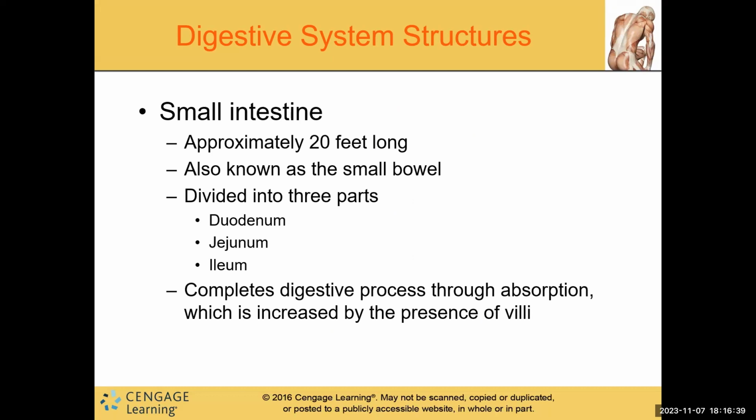So we know the entire digestive system is 30 feet long. 20 feet of that is just the small intestine because it folds in and back and forth among itself. Also known as the small bowel, it's broken into three parts. And you should know this: the duodenum, the jejunum, and the ileum. The duodenum is at the top, the jejunum is in the middle, and the ileum is at the end of the small intestine.